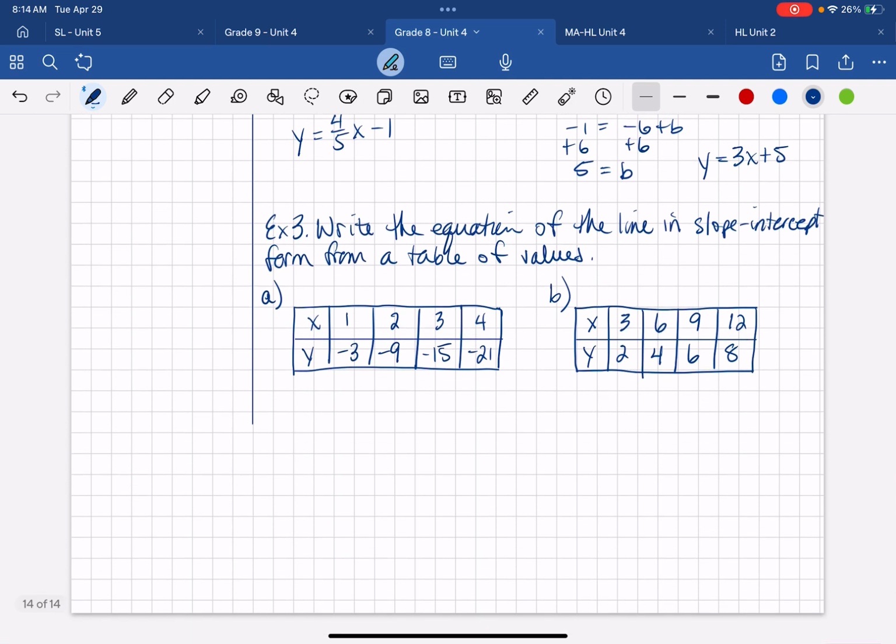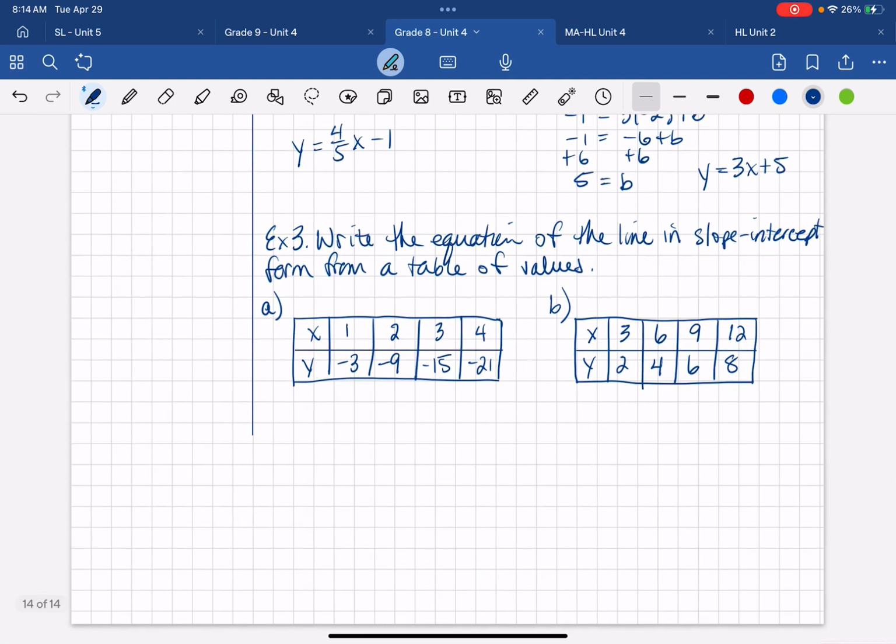Last set of examples. Write the equation of the line in slope-intercept form from a table of values. So here, I can do this one of two ways. I can use the slope formula again, y2 minus y1 over x2 minus x1, or I can look for a pattern. I'm going to look for the pattern in my table.